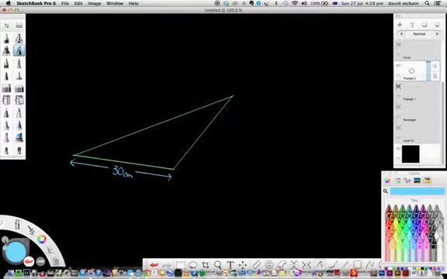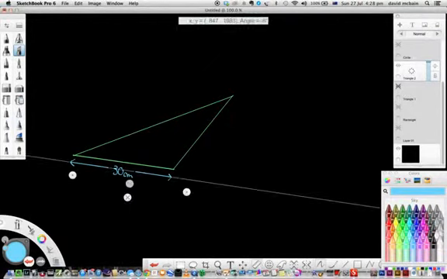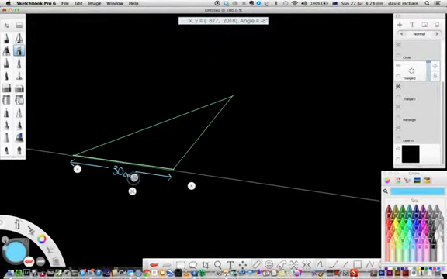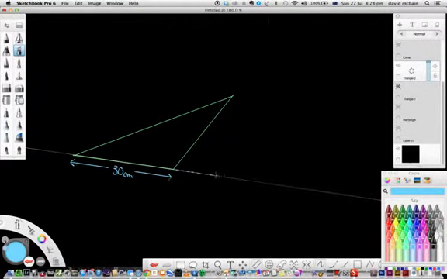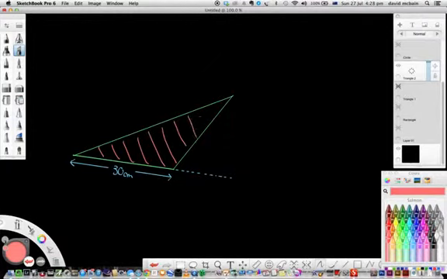I'm also going to give you another dimension, and I shall put that other dimension in a moment. Okay, so there's our triangle, and we want to work out the area of our triangle, the amount of space inside the shape.